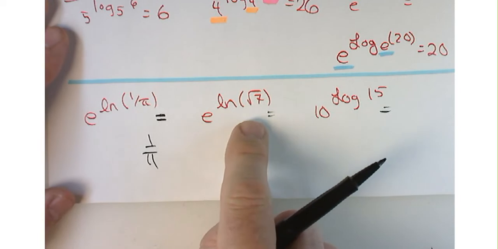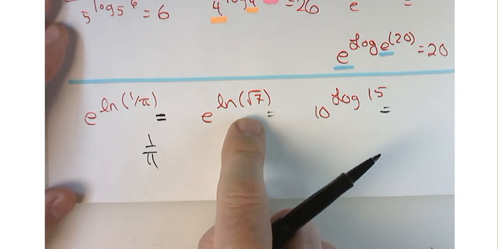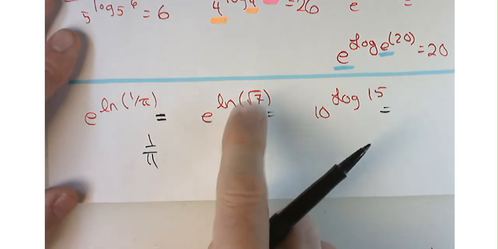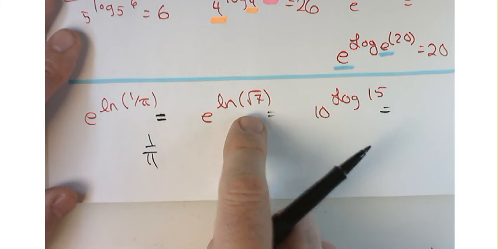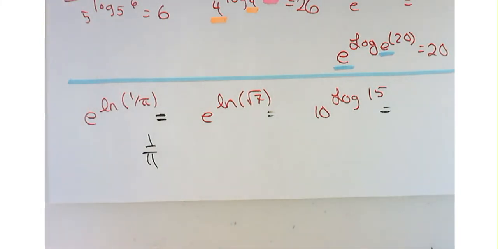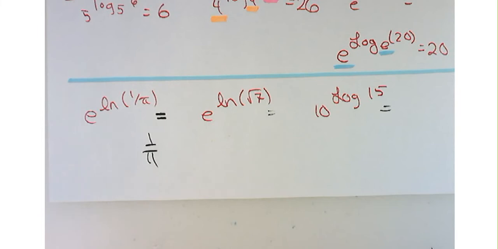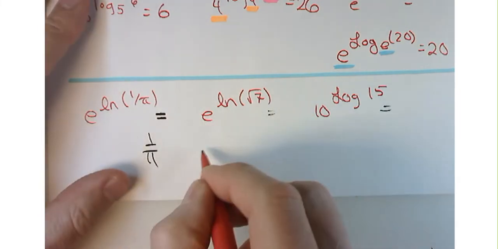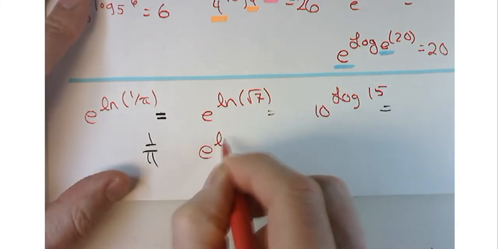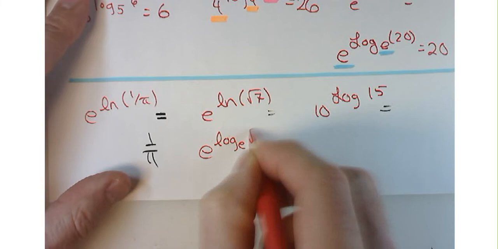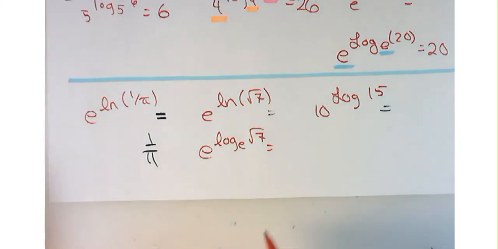But you don't really need to resort to calculating this on the calculator. I'm hoping that what you'll see is that even though it's not written that way, the bases involved are kind of the same. This is e to the log base e of the square root of 7. Okay, sorry, I was looking at the wrong one.